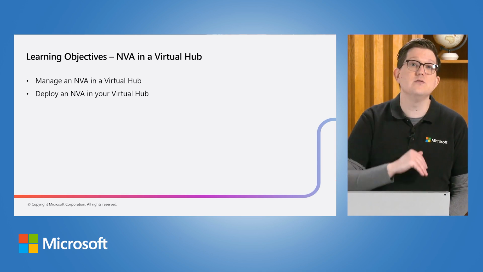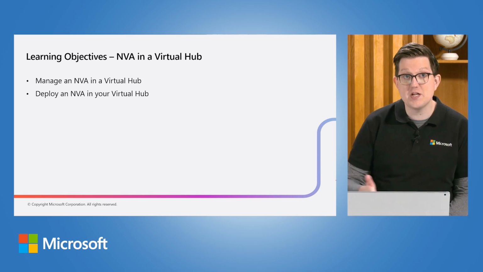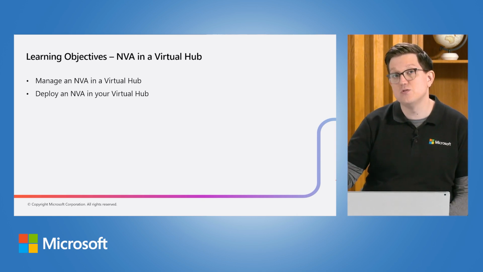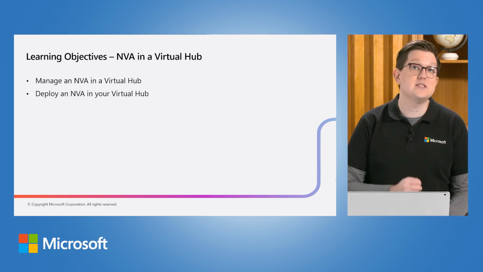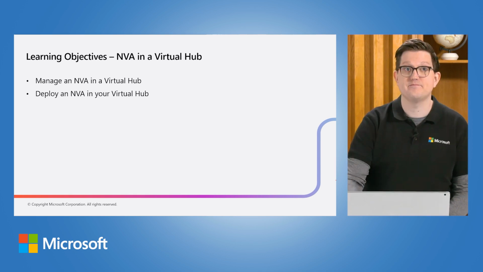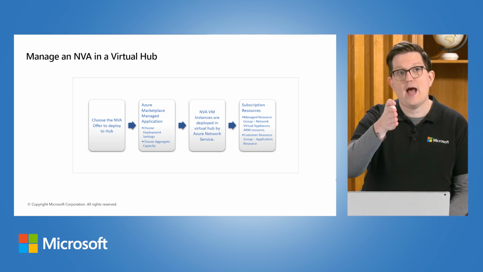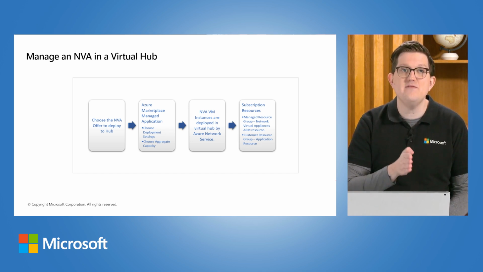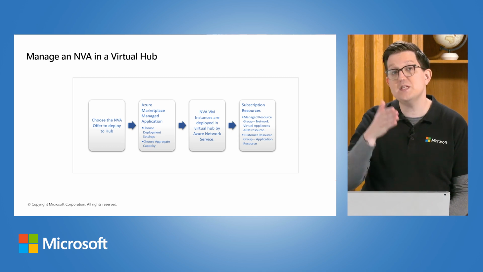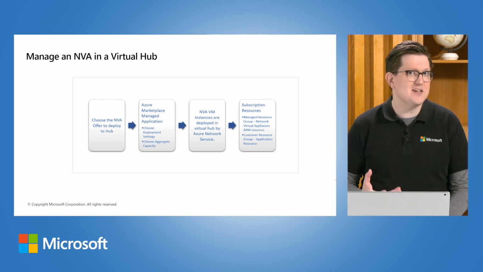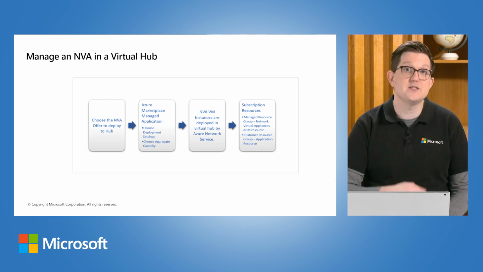So we're going to look at two different steps, a simple management procedure and how to actually deploy the NVA into your virtual hub. This could be something like a virtual WAN. So, for starters, how do we actually get an NVA into our environment? What's the management process we need to go through? Well, this is going to depend a lot on the virtual appliance you're looking to pick.